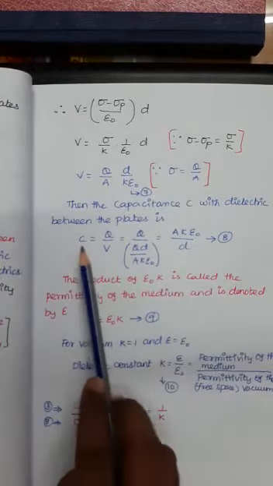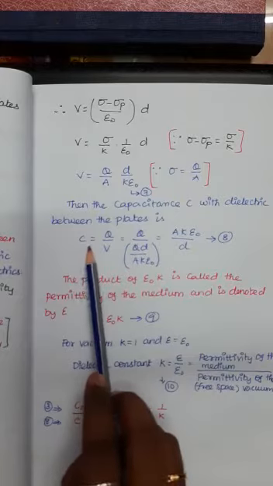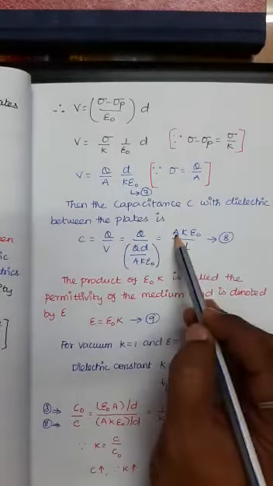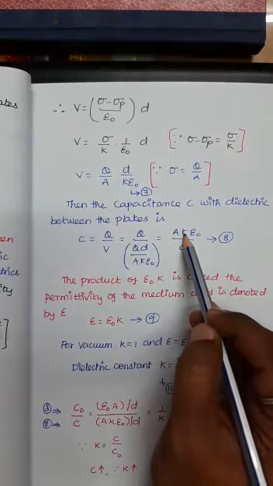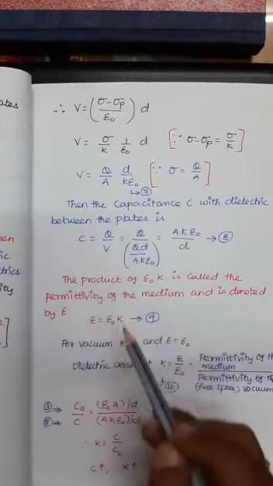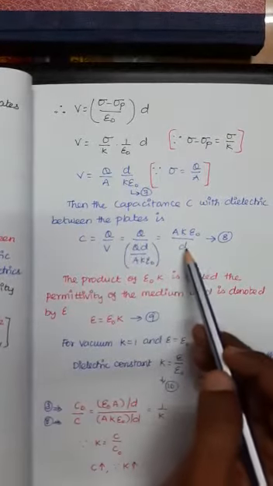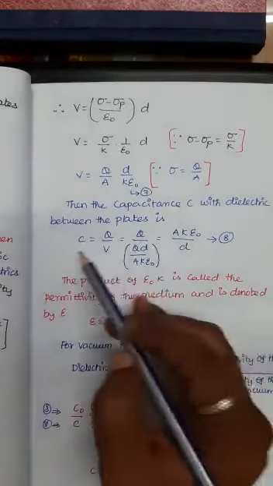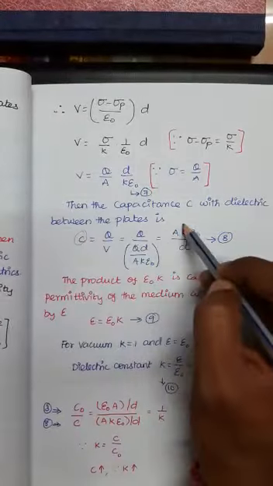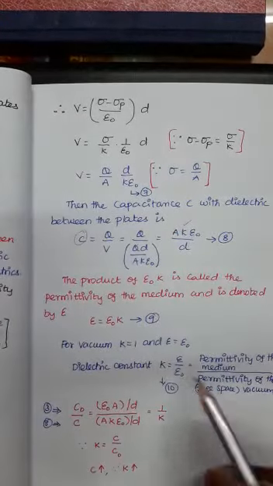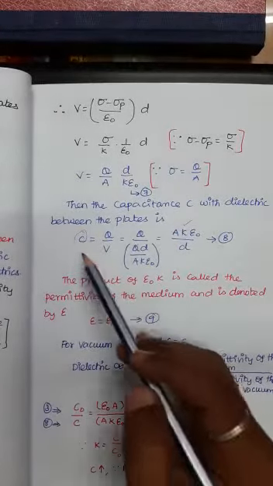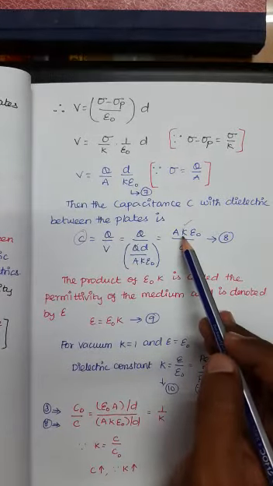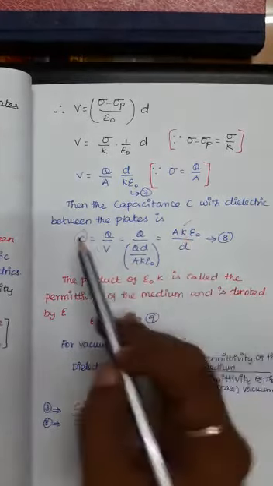So for the capacitance of a capacitor when we insert the dielectric medium, if the area increases and the dielectric constant increases, the capacitance value increases. If D increases, the C value decreases. And this C mainly depends upon the dielectric constant when we insert a dielectric medium. That's why I am saying that when we insert the dielectric medium, it increases the capacitance value.